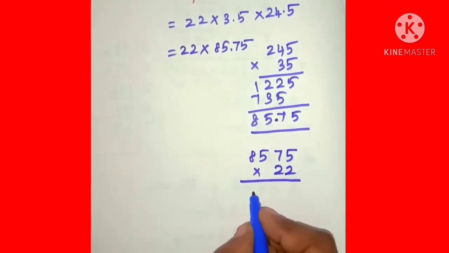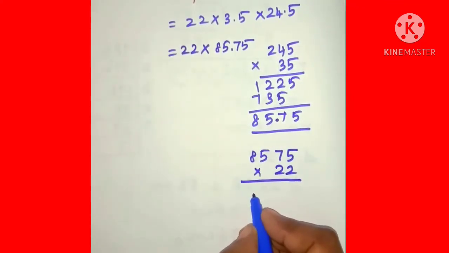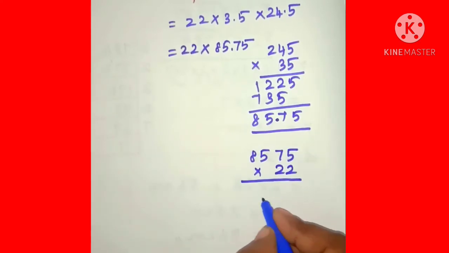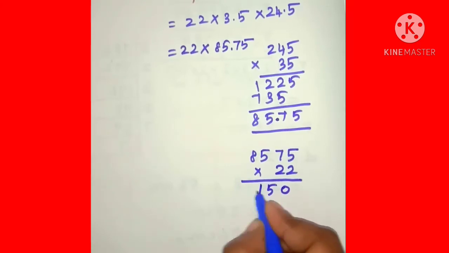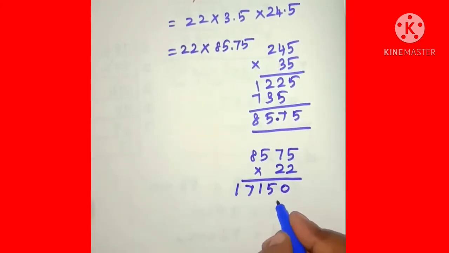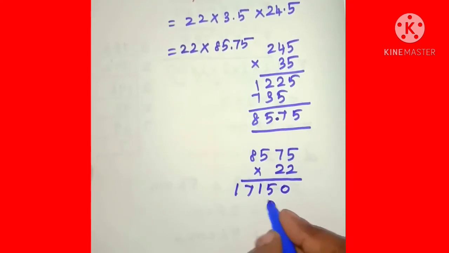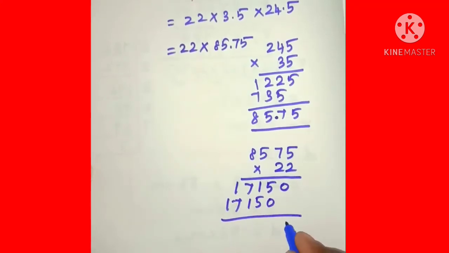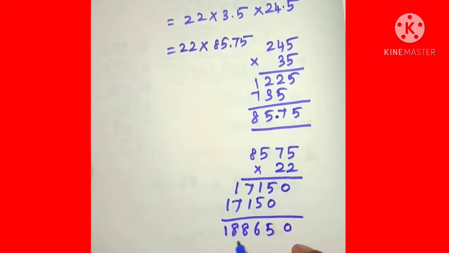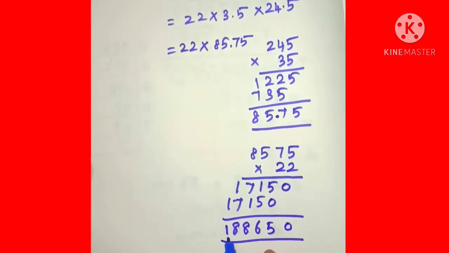So 2 into 8575 is 17150, and then the same value will be there in the second row, shifted. So adding these, now we get 188650. So now place the decimal point.